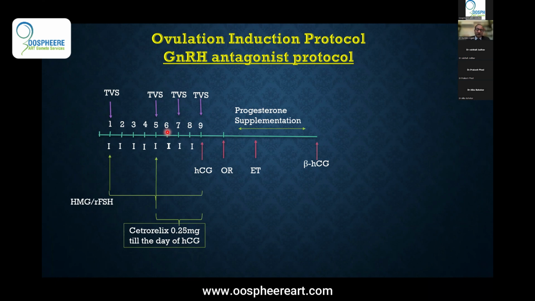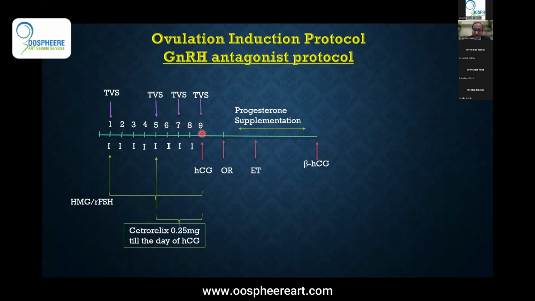There is another protocol which is flexible, which we have already discussed in the previous lecture, where you will wait till follicles become 14. So maybe on the seventh or eighth day they will become 14, and then you will start cetrorelix. So this is how you will continue giving the antagonist along with HMG till the day your follicles are ready.